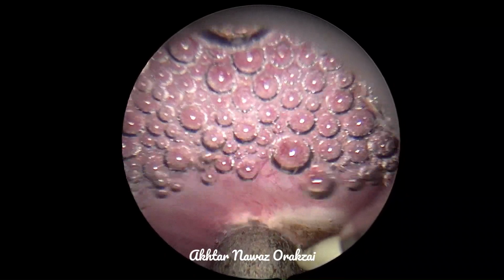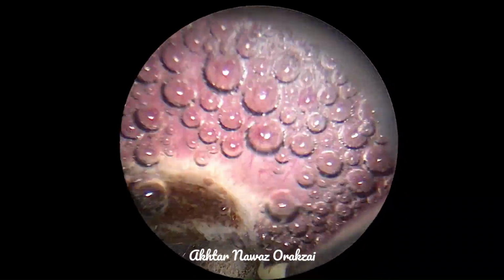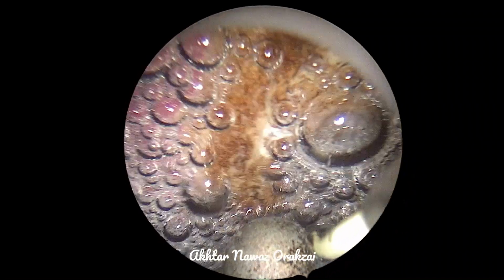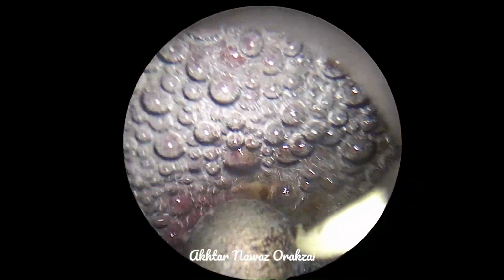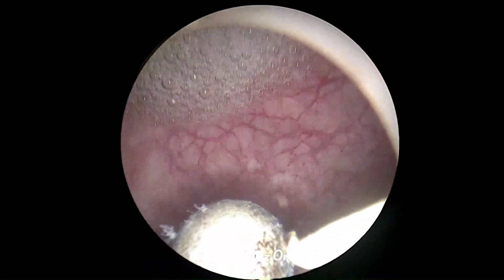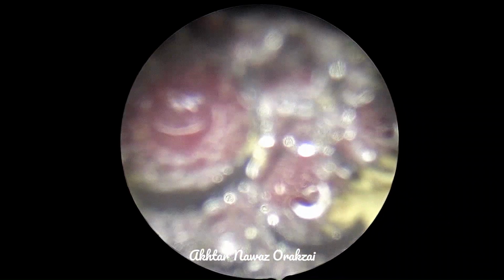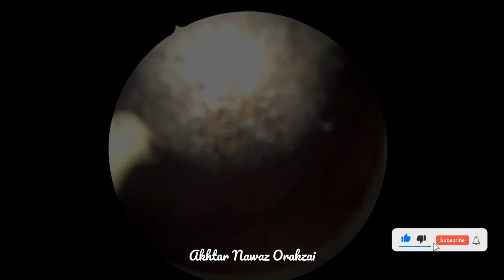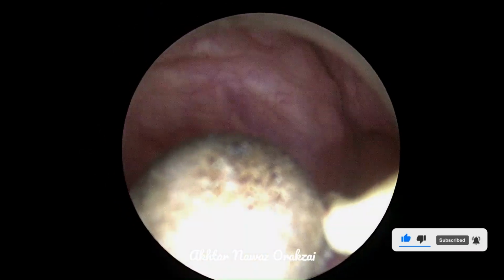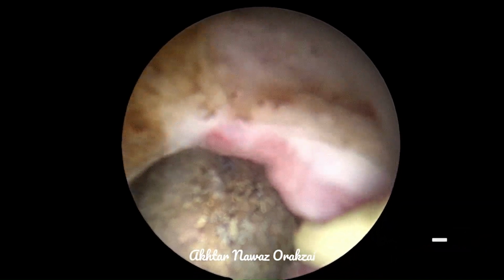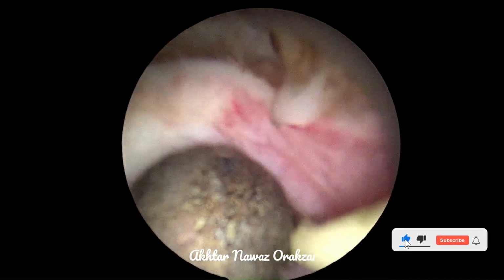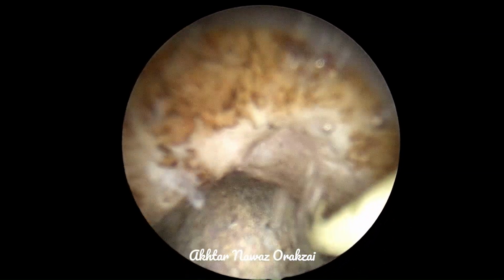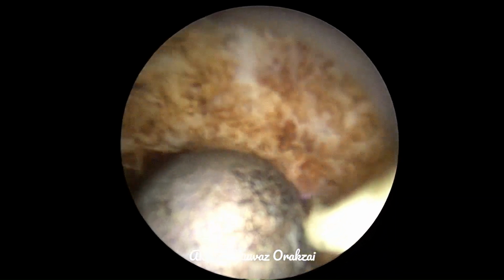One should see the posterior wall starting at the dome of the bladder, moving from left to right, and then from right to left, coming towards the bladder neck, and then go to the right lateral wall, from the dome to the bladder neck, up and down movements, and then the left lateral wall, and then the anterior wall, also pressing the anterior wall suprapubically with the hand, so that if there is any mass which is near to the bladder neck, it becomes visible.